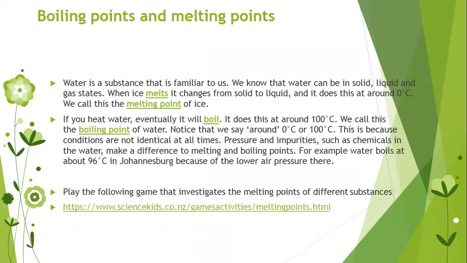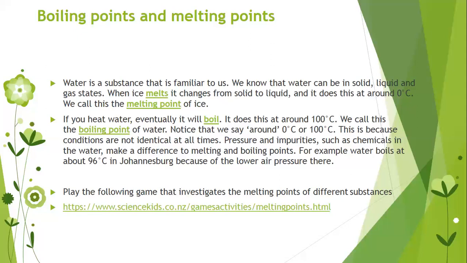If you heat water, eventually it will boil. Now, it boils at around 100 degrees Celsius. We call this the boiling point of water. When water boils, it changes state from a liquid to a gas, the gas called water vapor. Now notice, when we speak about the melting point or boiling point, we say around 0 degrees or 100 degrees Celsius.